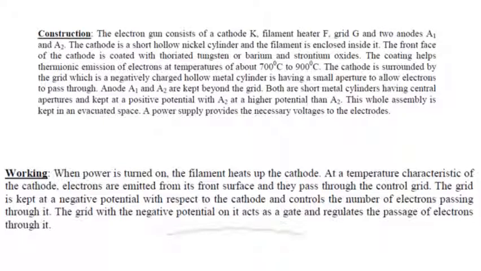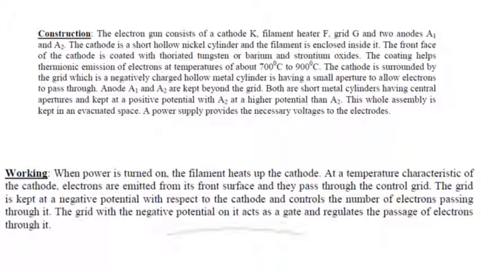Now A1 and A2, beyond the grid, we use to focus again, and we are increasing the potential continuously. The whole assembly is kept in an evacuated space. Of course, a power supply provides the necessary voltage here. When the power is turned on, the filament heats up.